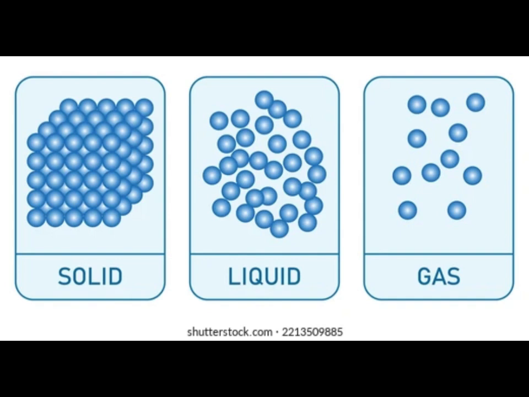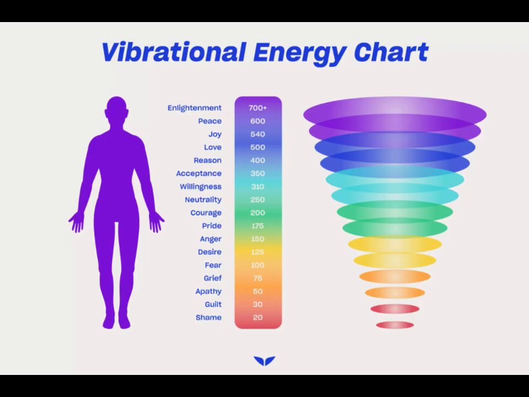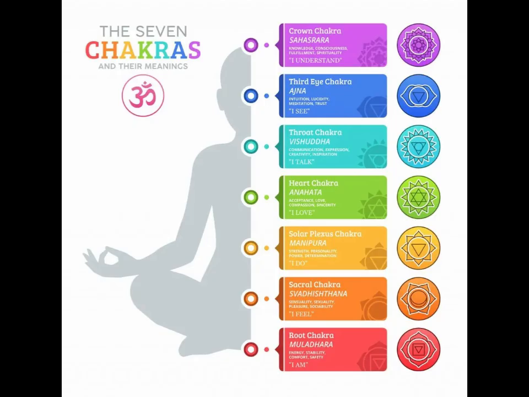The faster the particles move, the closer they are. The slower they move, the more liquid or gaseous it is. So the faster an object vibrates, the more solid it is, while whenever you're in a lower vibration, it's more of a gas or a liquid.